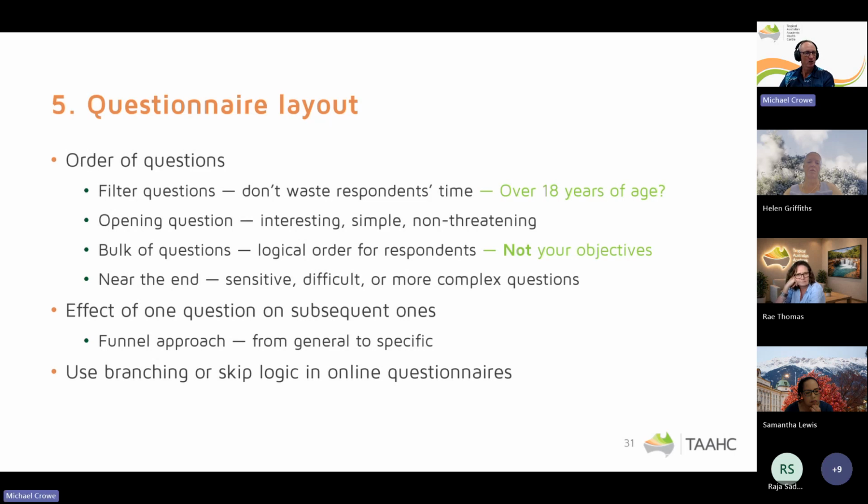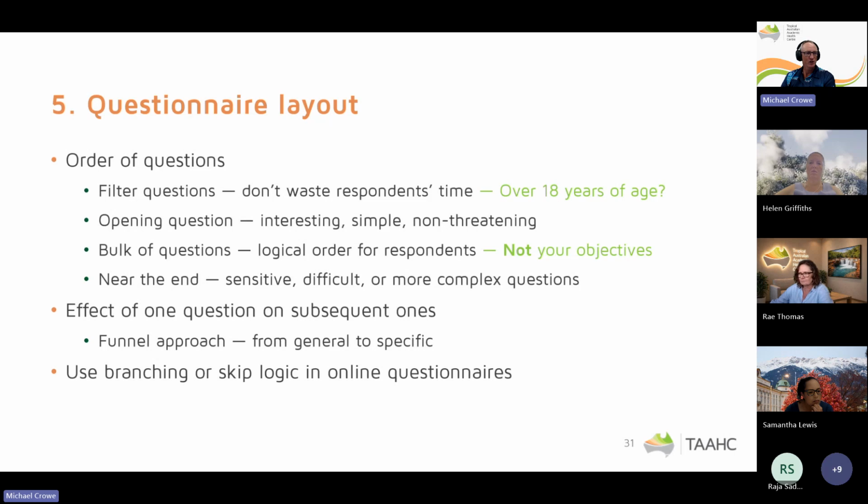Your opening questions should, in general, be something interesting, simple, non-threatening. These are literally what I would call tick and flick questions, which comes from paper days, where you just went tick, tick, tick, tick, tick, flip over the page, tick, tick, tick, so that you don't really have to think about it.